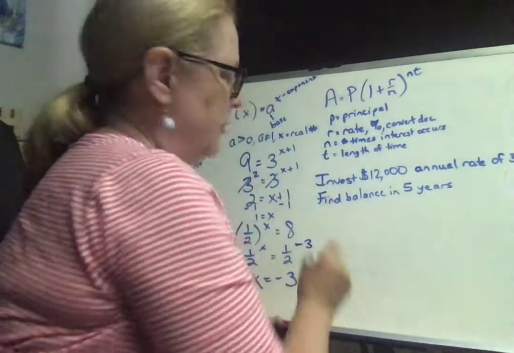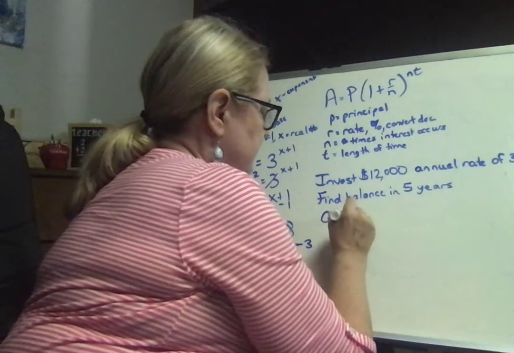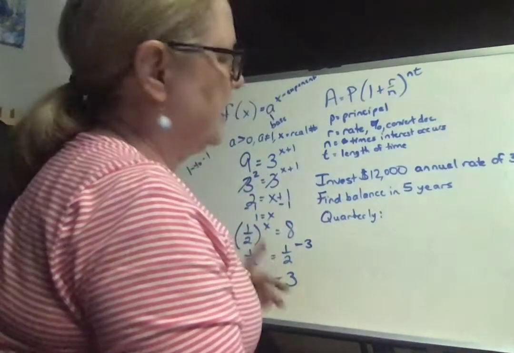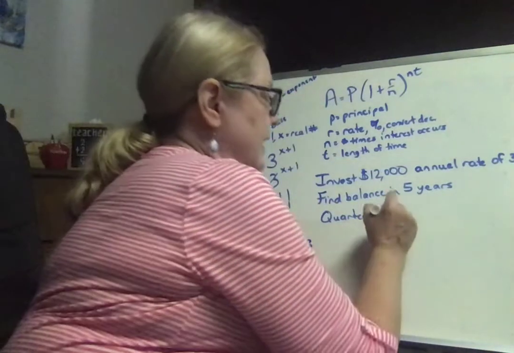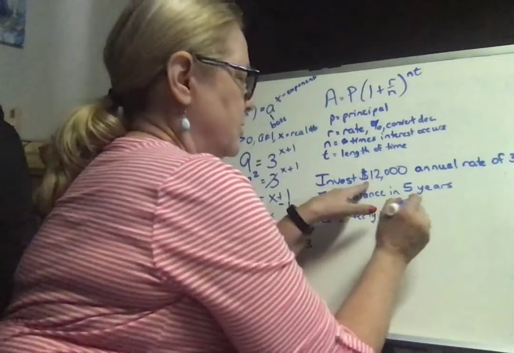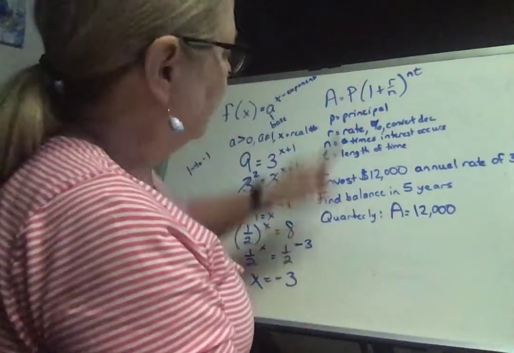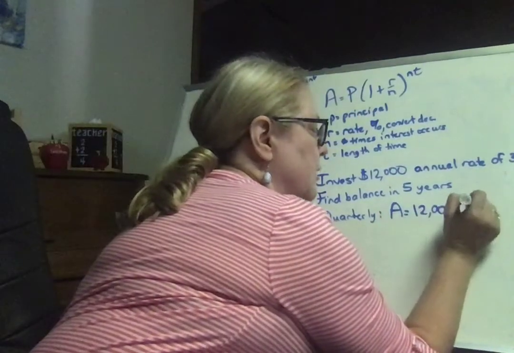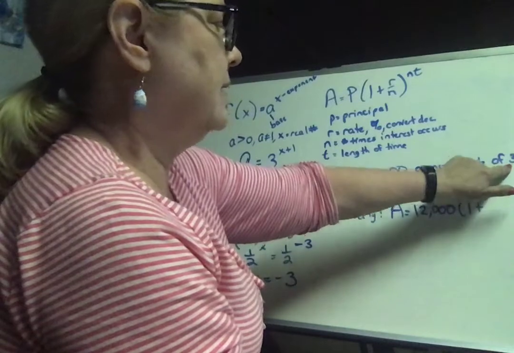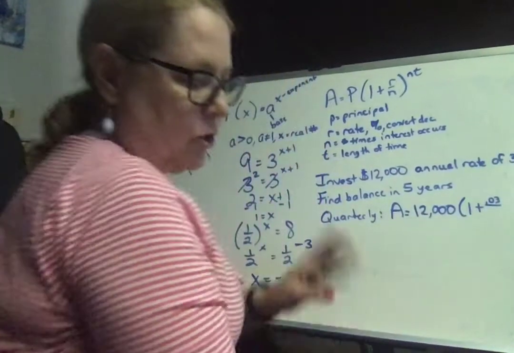Okay, so if we did this quarterly, the amount you're going to end up with at the end: the amount equals principal, $12,000, times 1 plus rate, 3%, converted, 0.03 over quarterly.